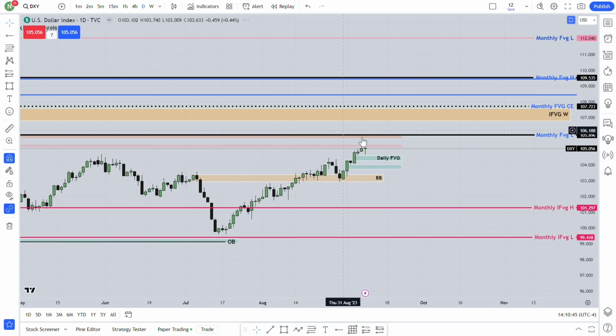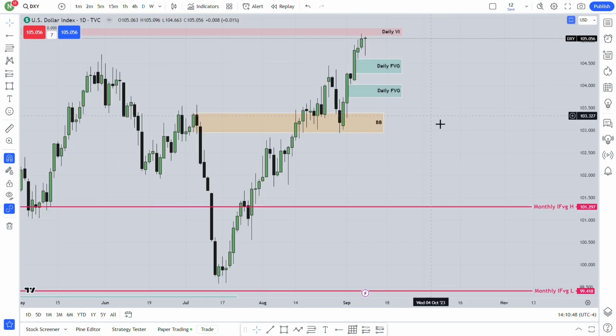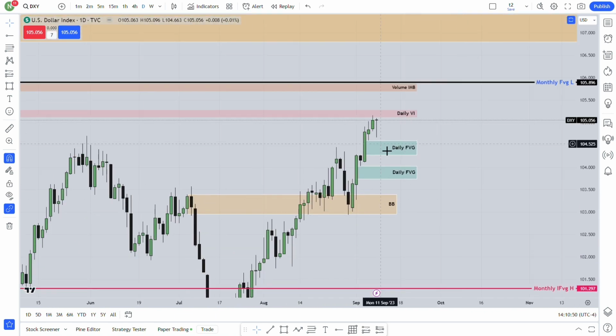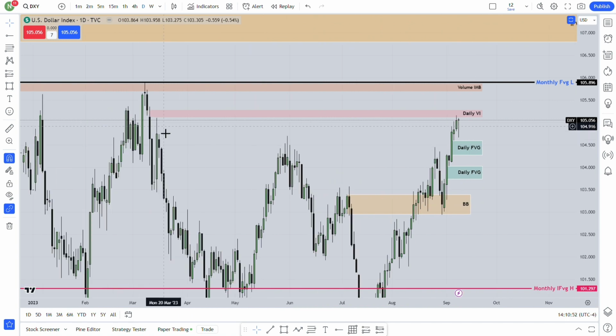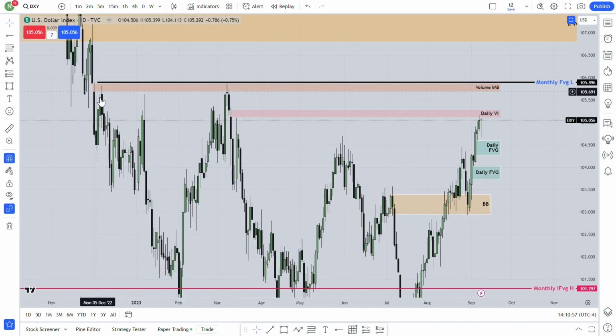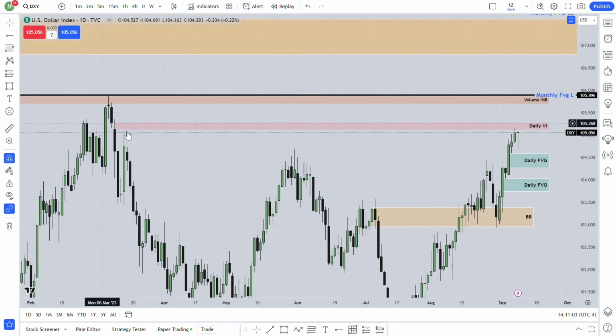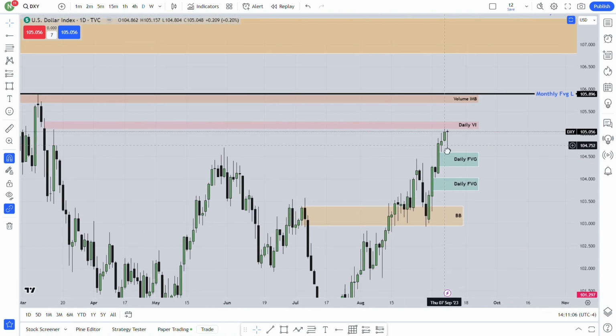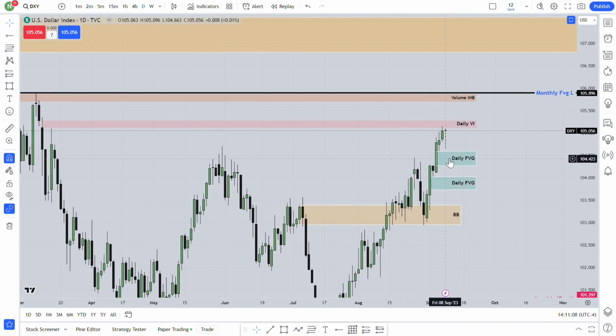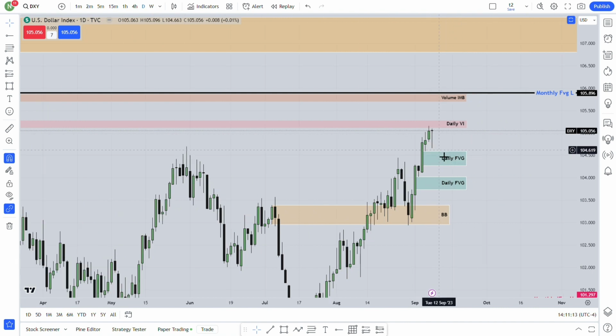Let's go to the daily chart. So here is the daily chart. And you see, I told you last week that the market will trade this volume imbalance and then this volume imbalance, and this is also the equal high. And last week it actually traded this volume imbalance, you see over there. Then I was expecting that the market would tap into this daily fair value gap, then go higher, but the market didn't reach the top of this daily fair value gap and started to go higher.